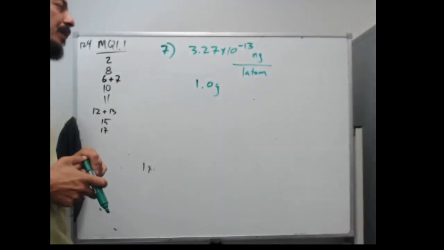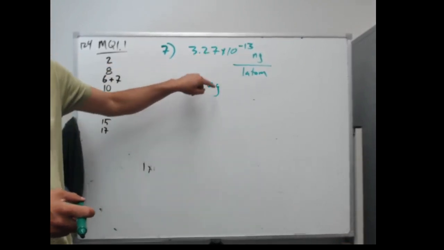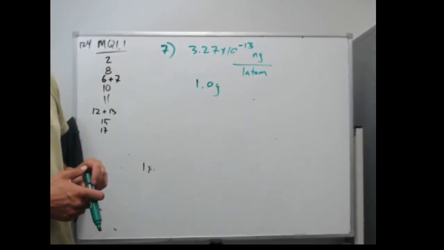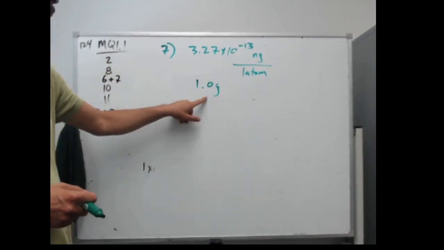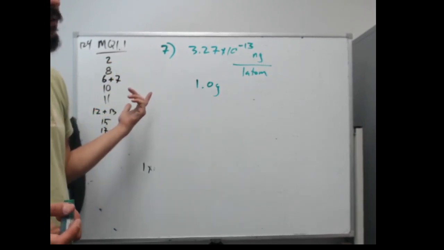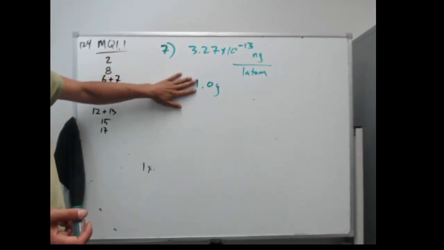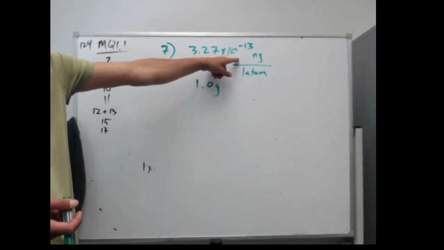So we've got 2 different ways we can go about this. Our units of mass are not matching, and we need to get those to match. We can either convert nanograms to grams, or convert grams to nanograms. Either way works. I'm going to convert the grams to nanograms because this already has an exponent and I don't feel like messing with it.